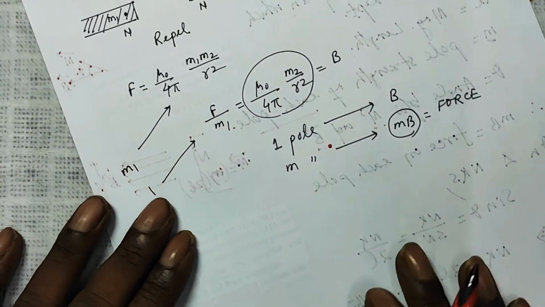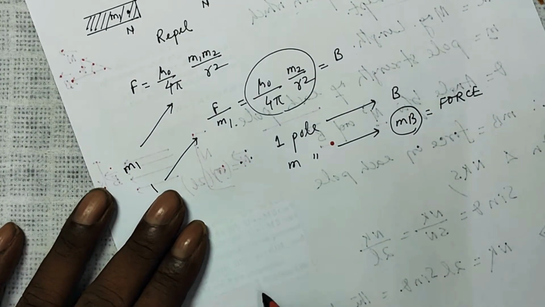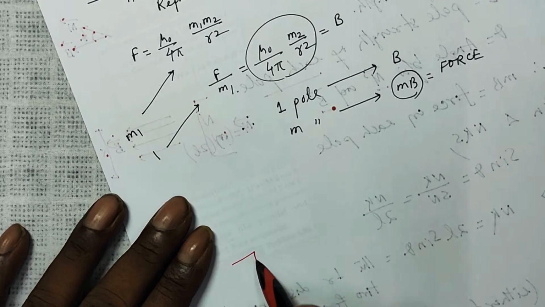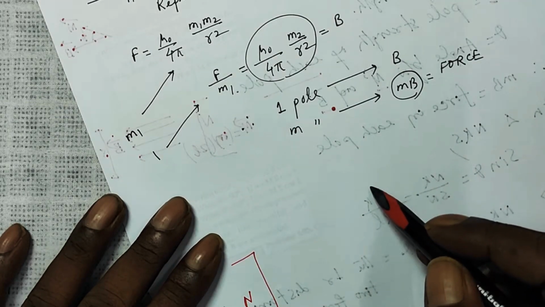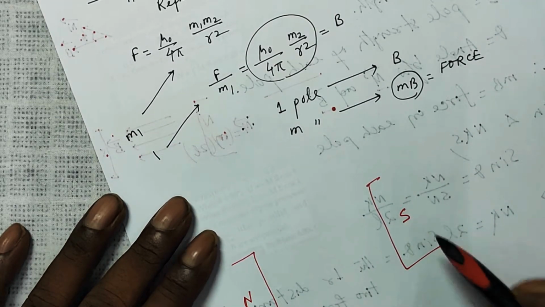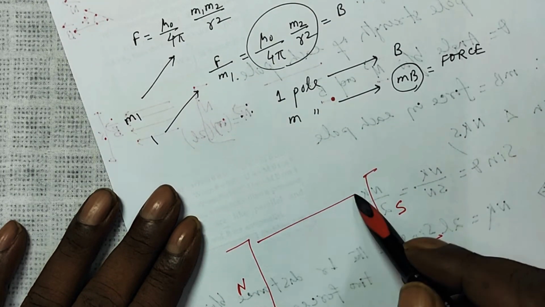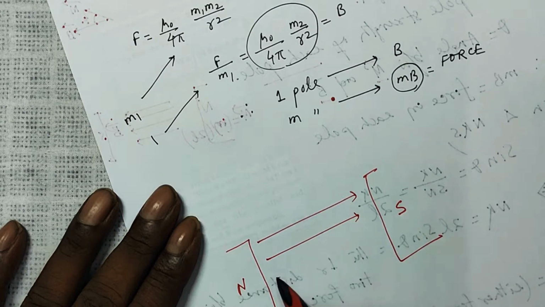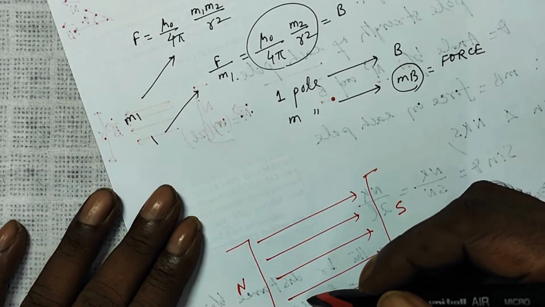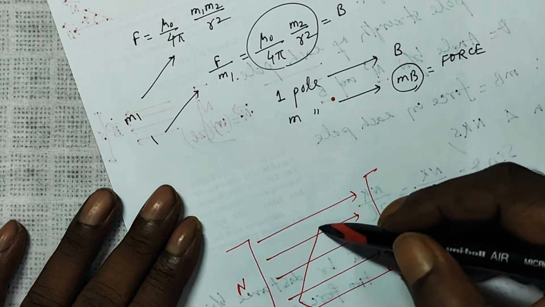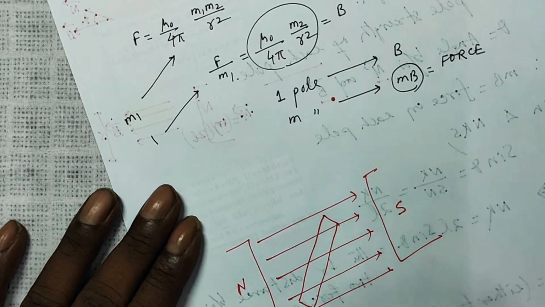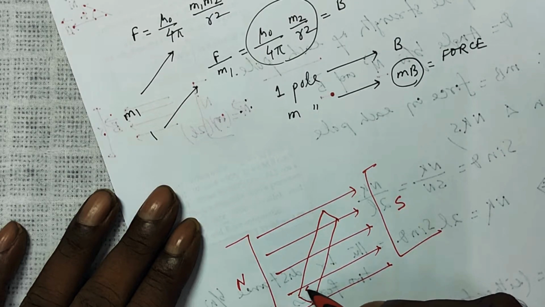Let me explain. Suppose this is the north pole of a magnet, this is the south pole of a magnet. So the magnetic field lines between this north and south, if uniform, are like this. And within this region you have kept that magnet, which is to experience a torque, south pole, north pole.